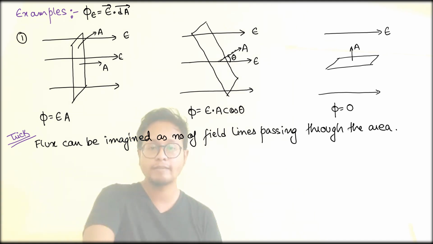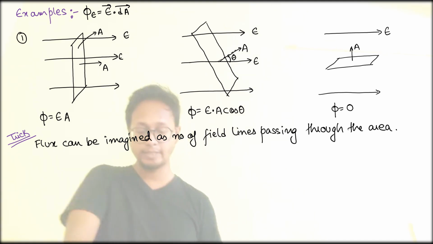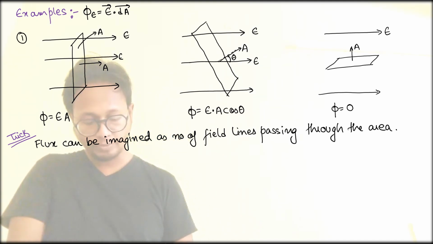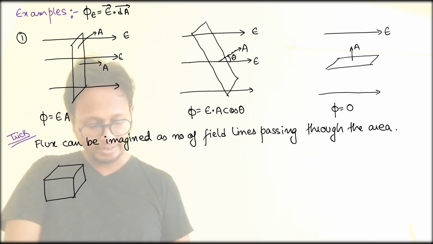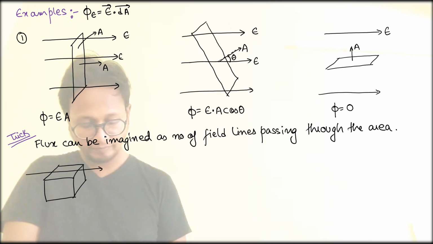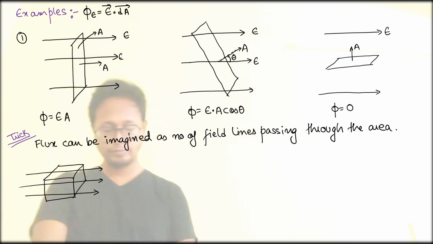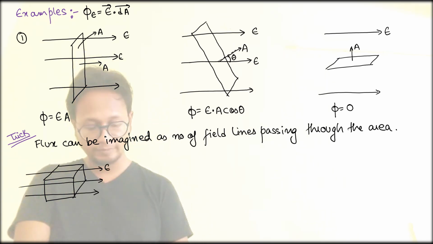Now, how do I take flux for a closed surface? Okay. So suppose a cube is given, and that is kept in a uniform electric field. What is the total flux of this cube? Or what is the total flux through this cube? Okay.